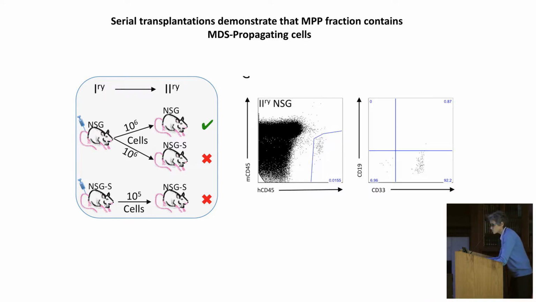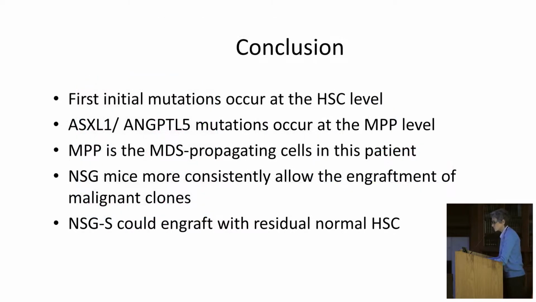So in conclusion, there are different conclusions from that, but I think it's clearly indicating that even in MDS disease, even though it's a pre-leukemic clearance, clearly the first potential mutations, pre-leukemic clearance, can occur at the HSC level, but that doesn't necessarily mean that the HSC will be the propagating agents in these patients.